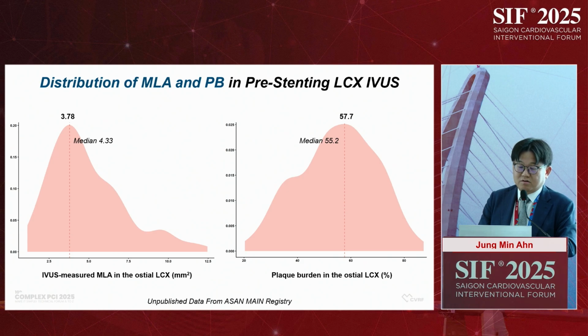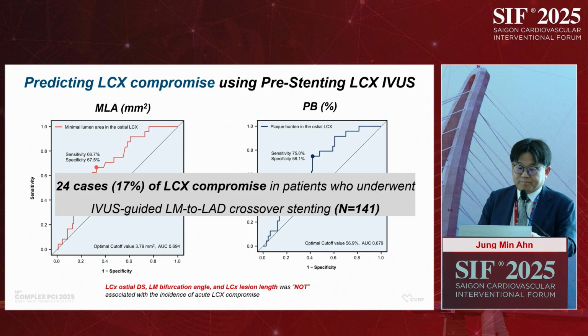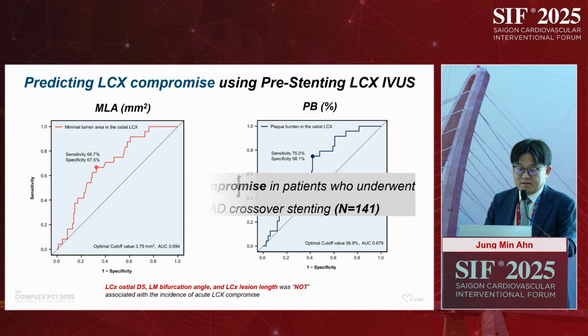This is the distribution of plaque burden and minimal lumen area in patients who underwent simple crossover stenting. The red dots were acute circumflex compromise cases. There were 24 cases of circumflex compromise after simple crossover stenting out of 141, so 17%.